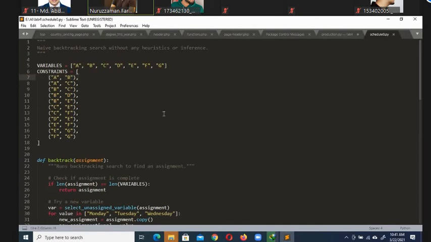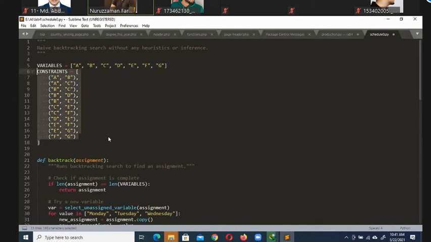It means that A cannot have an exam on the same day with B. So this expresses the relation within this bracket.